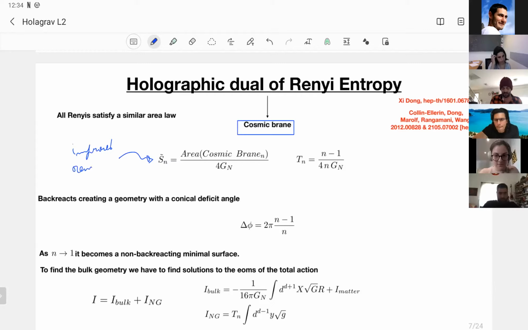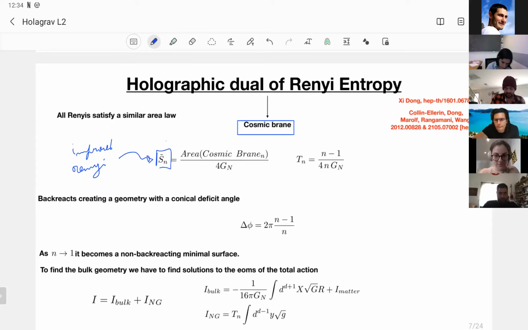By the way, I don't know if this improved Renyi entropy has some nice quantum information property. I don't know if this is studied in quantum information. In quantum information, you can study whether a quantity is an entanglement monotone or not, or what it is measuring. I don't know if this improved entropy has some information in this sense.